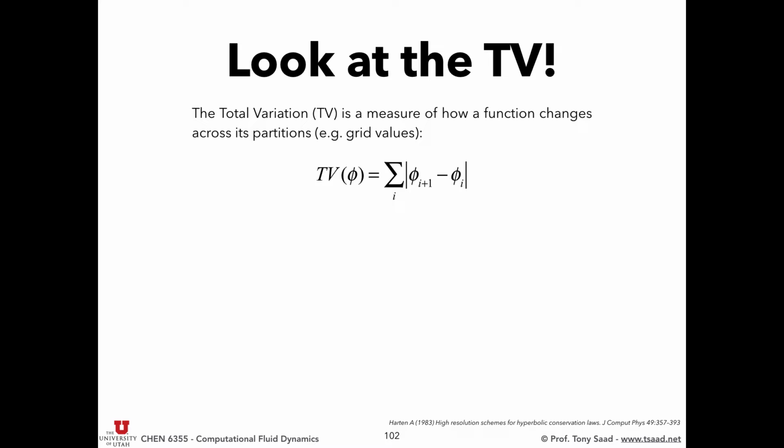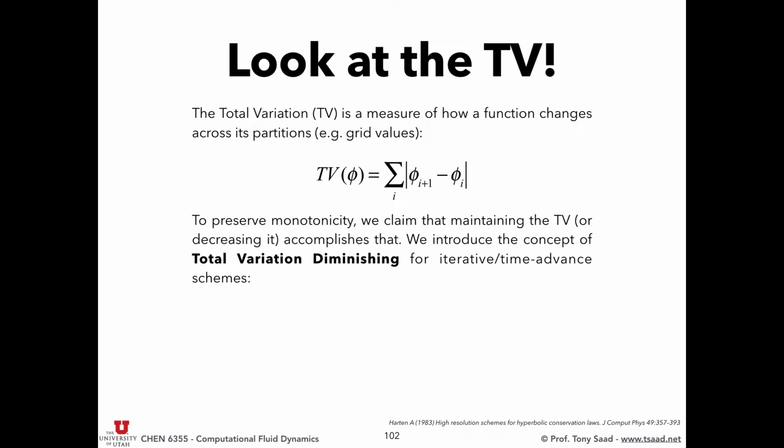Okay. Now, we claim that maintaining the total variation or decreasing it preserves monotonicity. So we introduce the concept of the total variation diminishing scheme, a TVD scheme, which essentially preserves or diminishes the total variation.